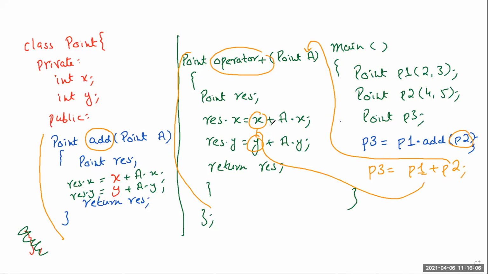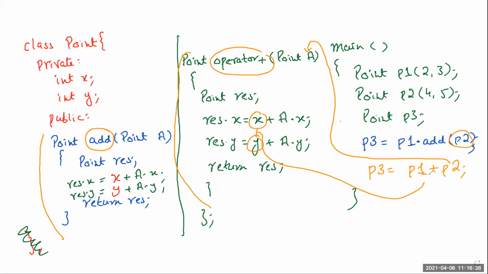Exactly the same thing is happening, just another way of writing P1 plus P2. P2 is passed as an argument, goes to A, just like in the add function, and the function is called for object P1. So I already have X and Y of P1, I add X coordinates together, Y coordinates together, and I return the answer.